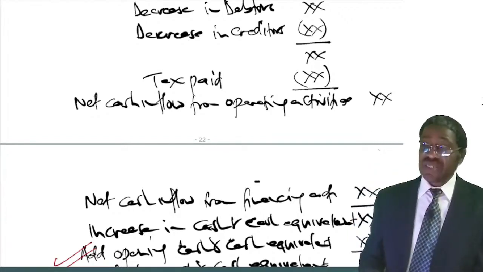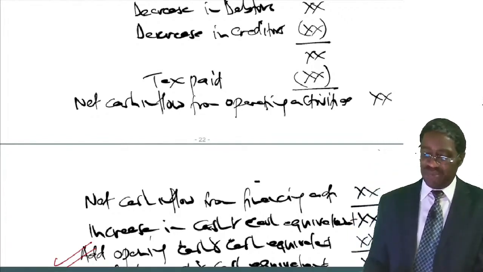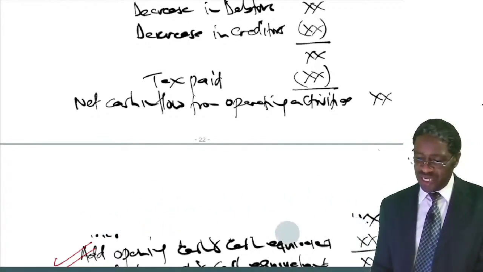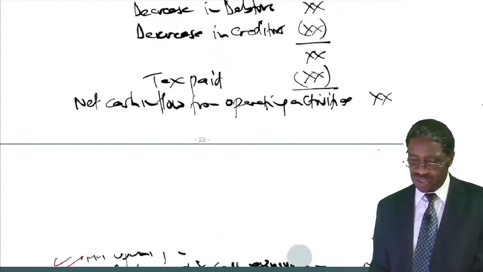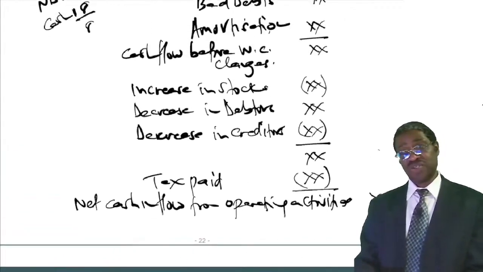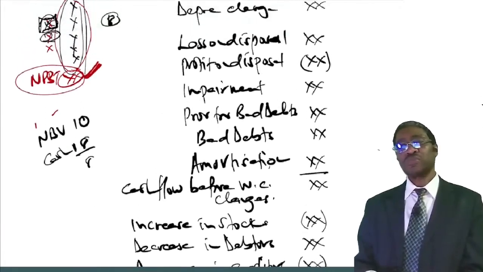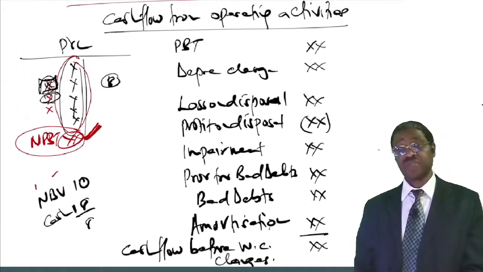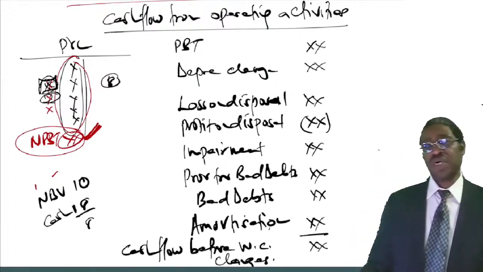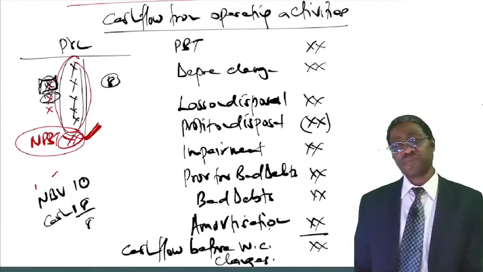We go to the second category now. But before we go to the second category of the cash flows, listen, I want to come back to you among the non-cash items. I want you to listen carefully now.